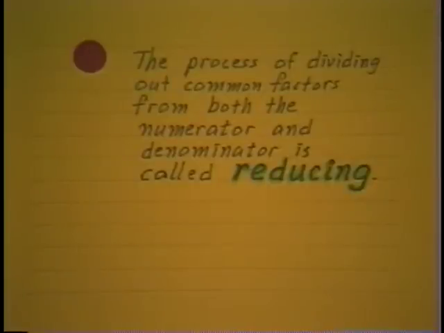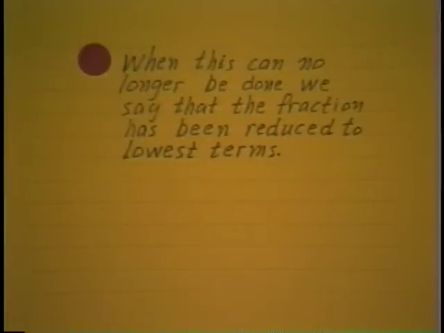Let's restate that to be formal. The process of dividing out common factors from both the numerator and denominator is called reducing. When this can no longer be done, we say that the fraction has been reduced to lowest terms.